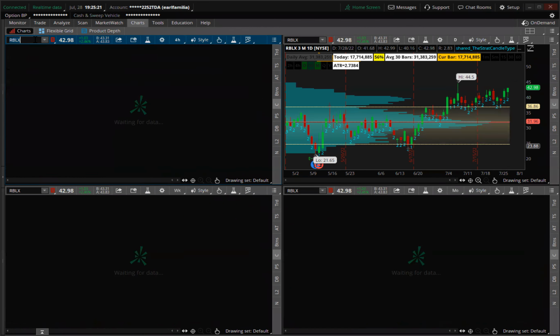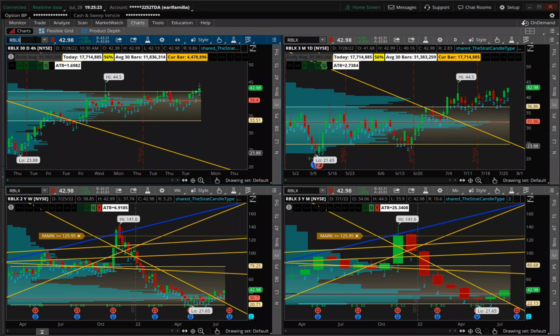Roblox. Roblox, similar deal. 2 up on the 4 hour in the day, outside on the week, 2 up on the month. Continuity is there. Looks beautiful in that sense, but you're gonna need to find an intraday entry tomorrow. That one doesn't have a setup for you. That's all.